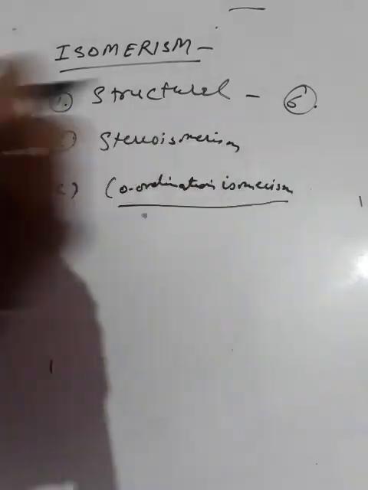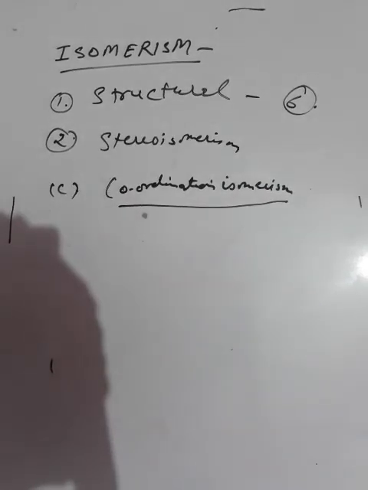When we say coordination isomerism, we are talking about the distribution of the ligands which are coordinated to the central metal ion. This type of isomerism is seen in compounds which have both cationic and anionic forms, and they have different distribution of the ligands around the metal ion.